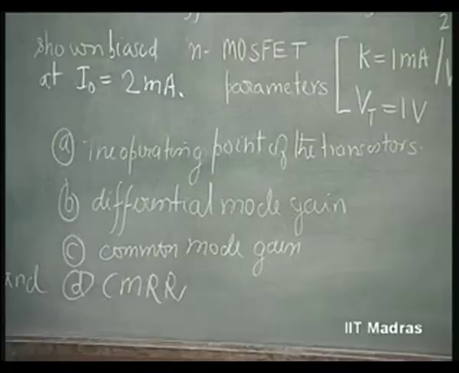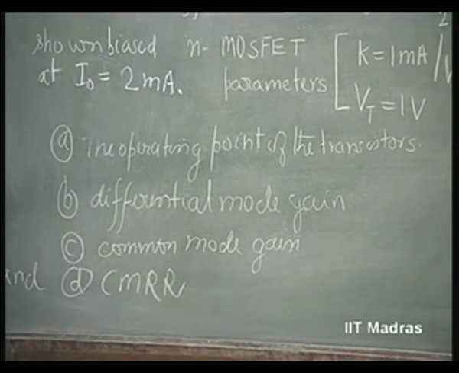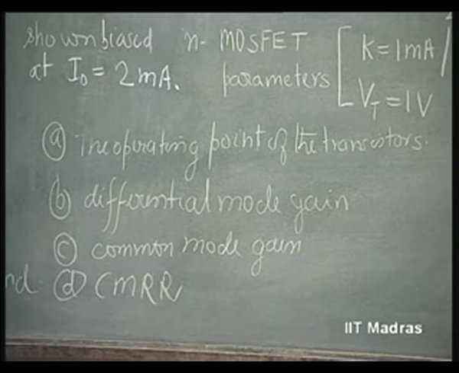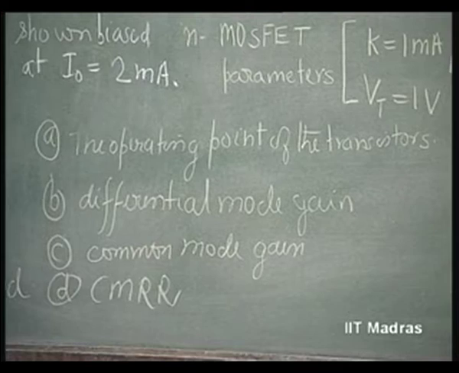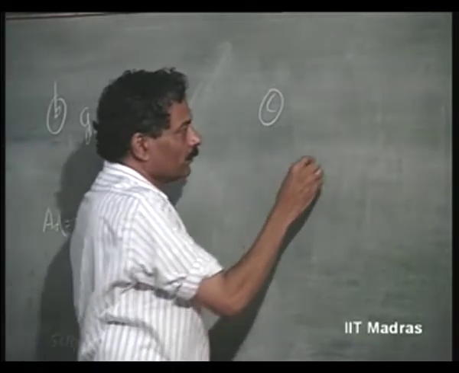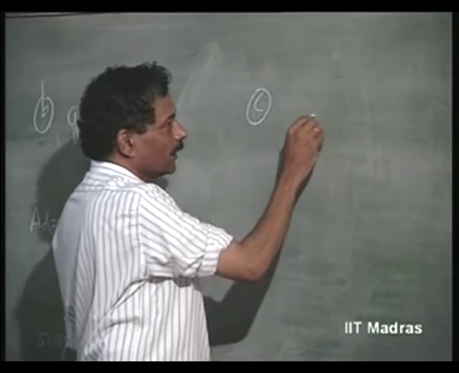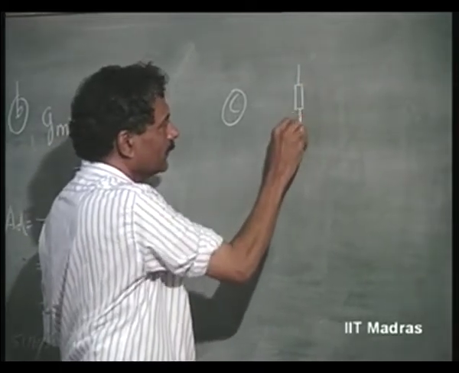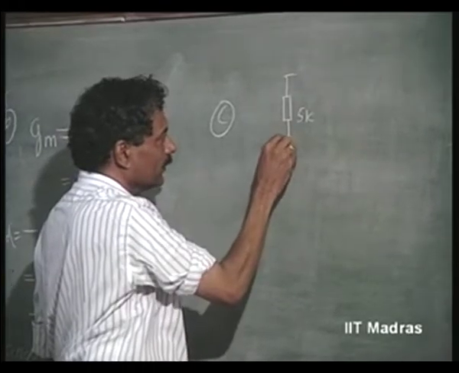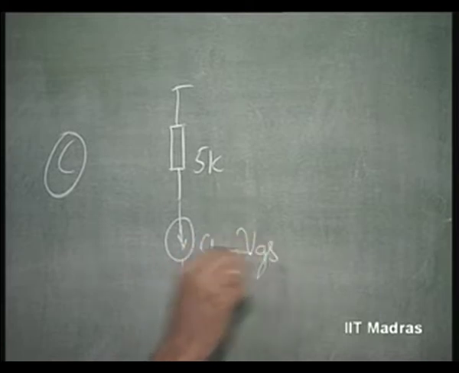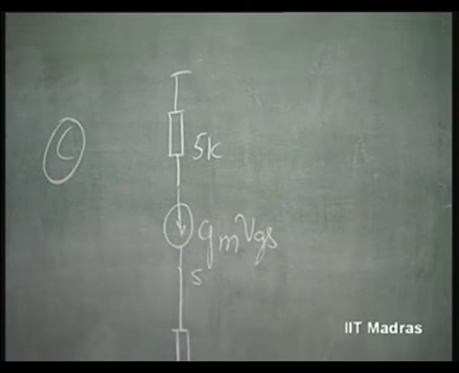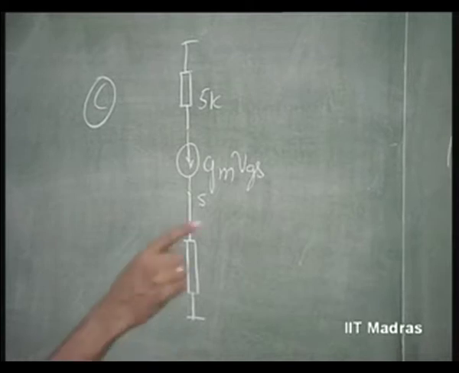Common mode gain also we can find by replacing the whole thing by its equivalent circuit, and we can show that it is similar to what we obtained in the case of a bipolar junction transistor. So, one way is you can replace the whole thing by its equivalent circuit, with 5K connected to ground, and you have the gm into Vgs current source, and from the source we have to the ground a resistance of now 2R.